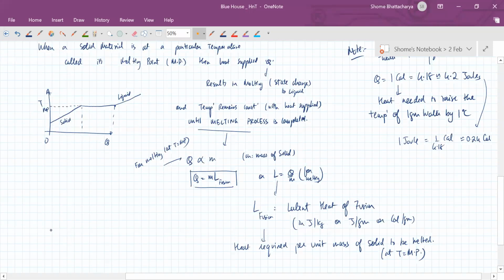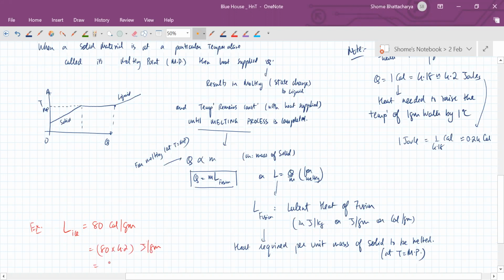So here we'll take the example of ice. Latent heat of fusion of ice in the non-SI unit is 80 calories per gram. Okay, so that becomes 80 into 4.2 joules per gram.